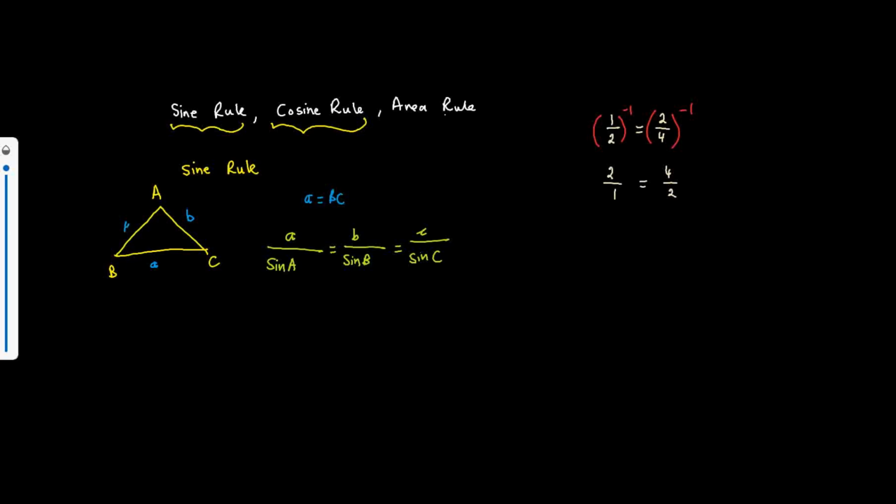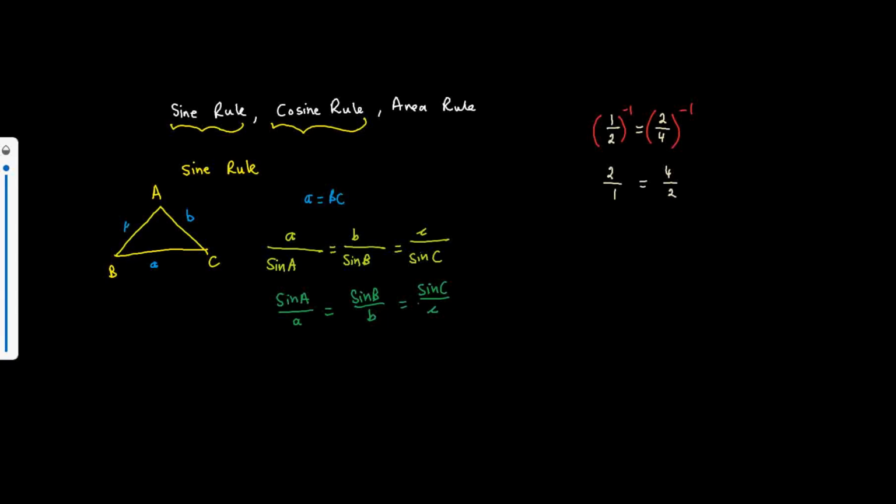Now, by that logic, if I raise each expression by the power of -1, what will we get? We will get sine A over a is equal to sine B over b, which is equal to sine C all over variable c.